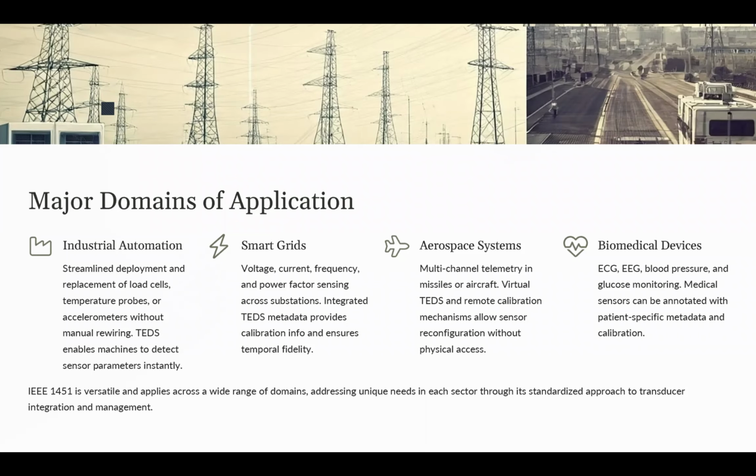Now, one of the strengths of IEEE 1451 is its cross-domain adaptability. Basically, this standard offers a solution for smart sensing in any application where sensor integration or automated integration is very essential.